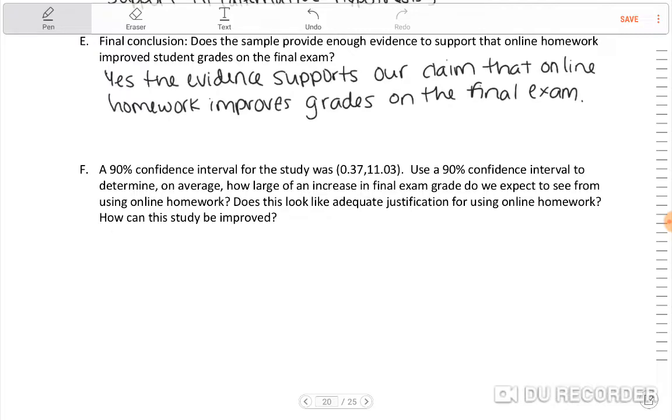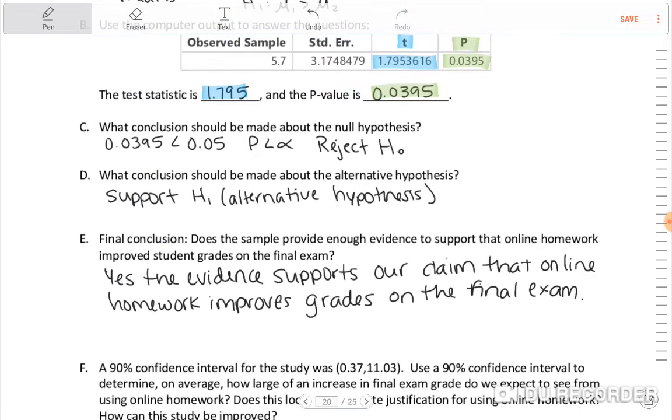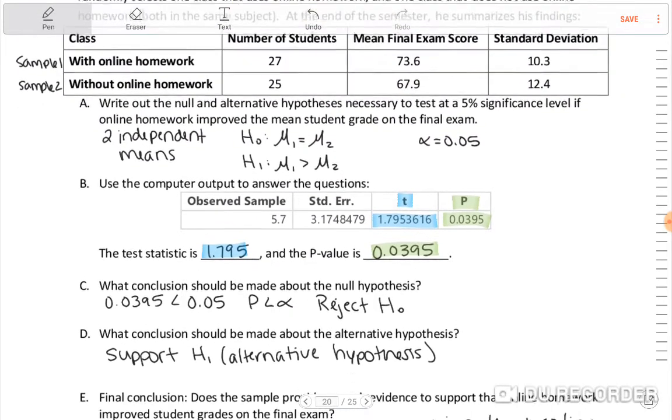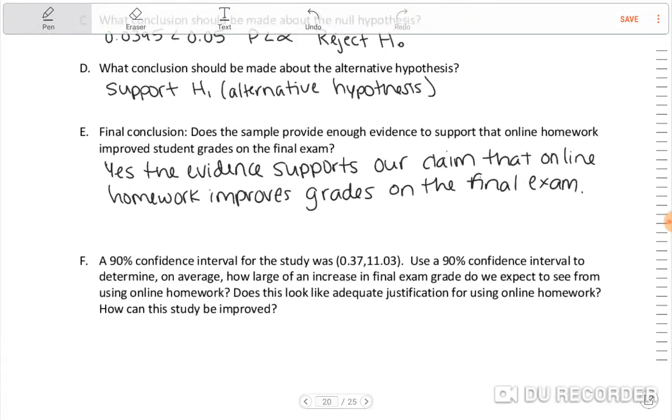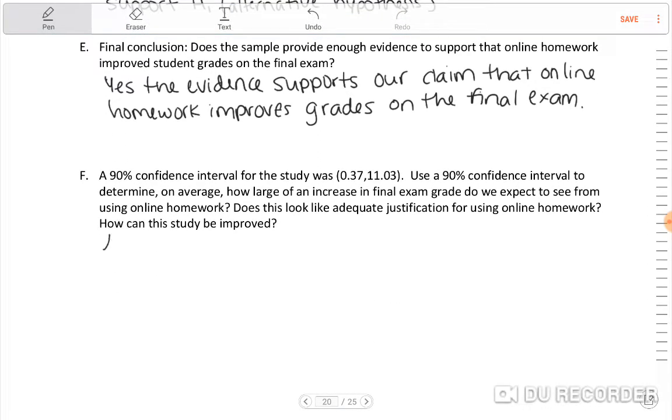Let's see. So the output from our confidence interval is the difference. So in other words, we're saying that if we take mu1 minus mu2, right? So mu1 is my online homework minus mu2. We're saying that we're getting 0.37. So let me make a little note here.